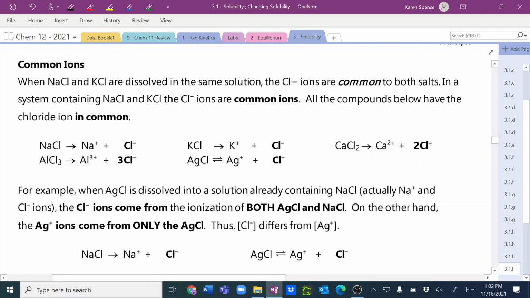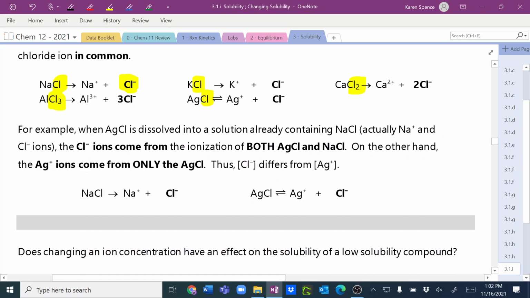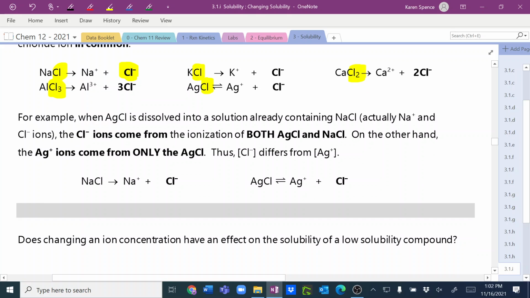Just giving you some examples of a whole bunch of compounds that have chloride in common. We have sodium chloride, aluminum chloride, potassium chloride, silver chloride, and calcium chloride. They will all affect the solubility of one another. And we just did that one, so let's skip over that.